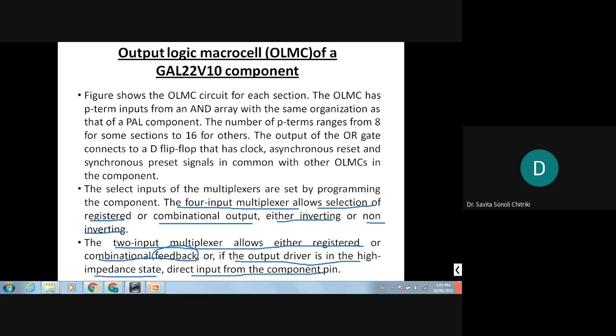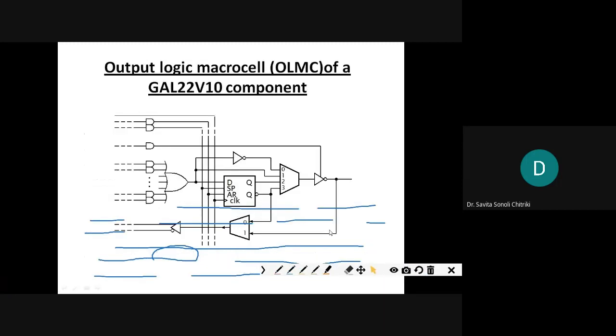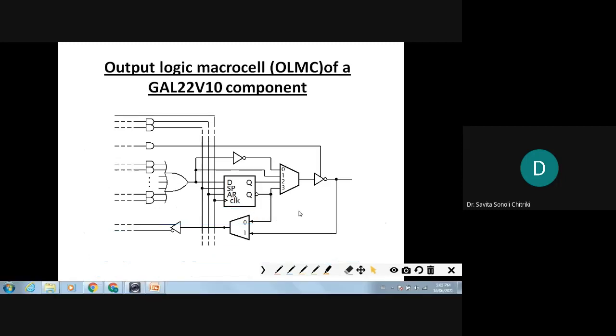This we had not seen. We saw the 4 input multiplexer. Now he is talking about the 2 input multiplexer.